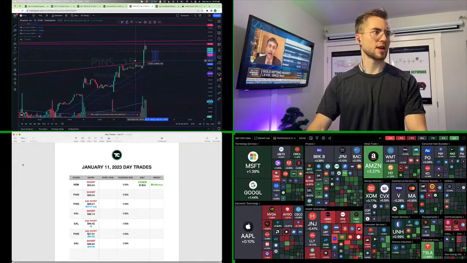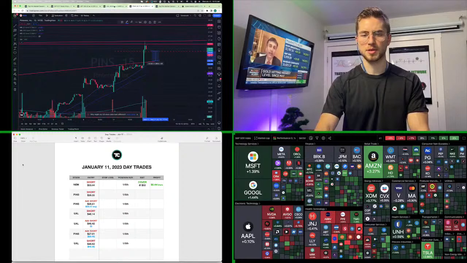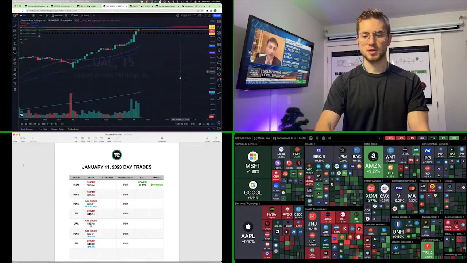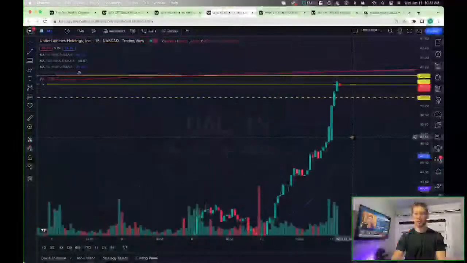Still seeing strength in Apple trading near the highs. Microsoft's trading near the highs. UAL's putting in a potential 10-minute topping tail.